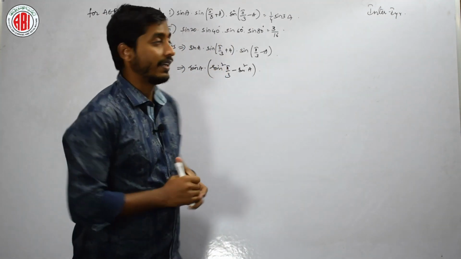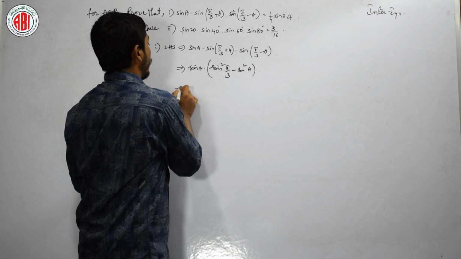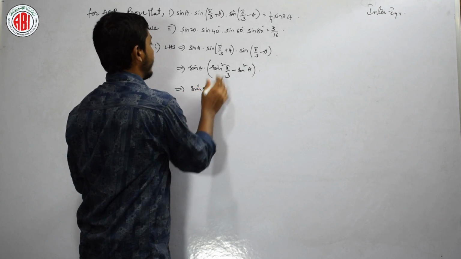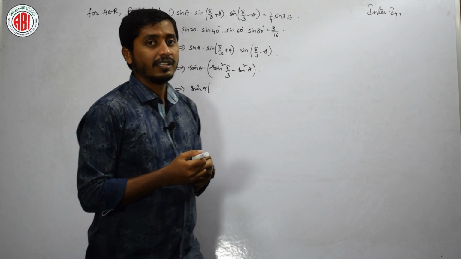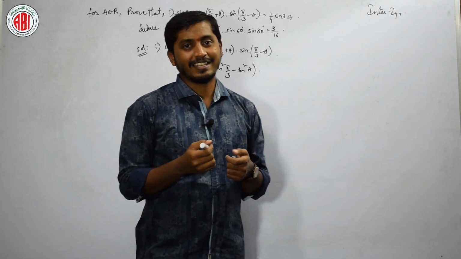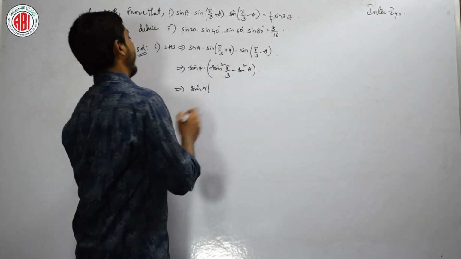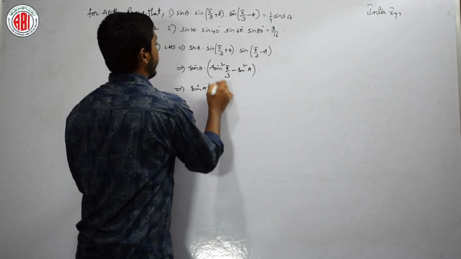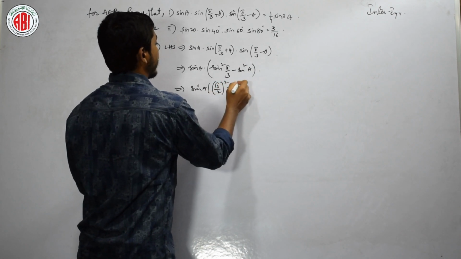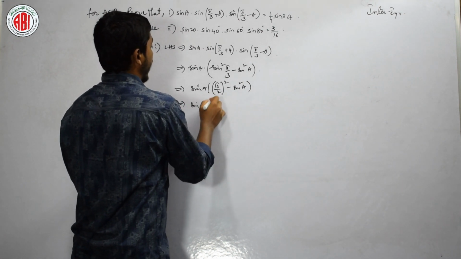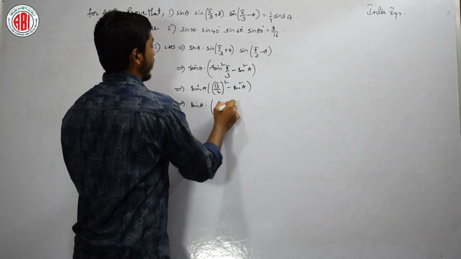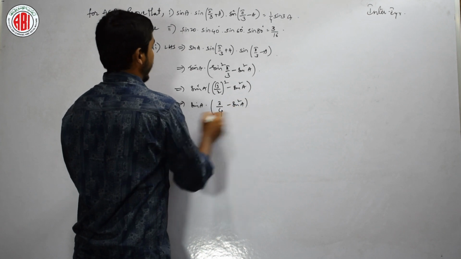Similarly, do we know the value of sin pi/3, which is nothing but sin 60? What is the value of sin 60? Do you remember? It is root 3 by 2, whole square, minus sin square A.